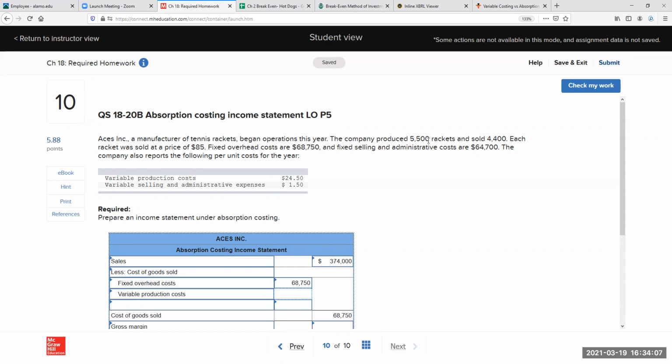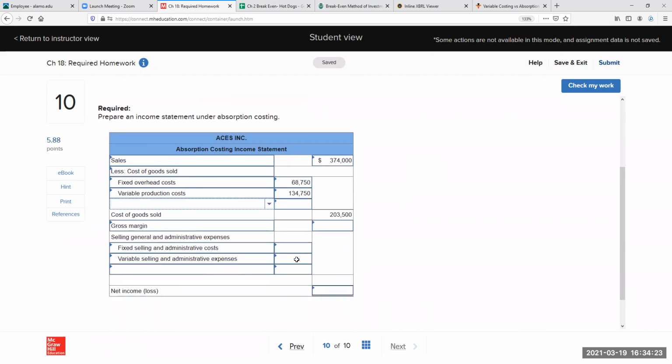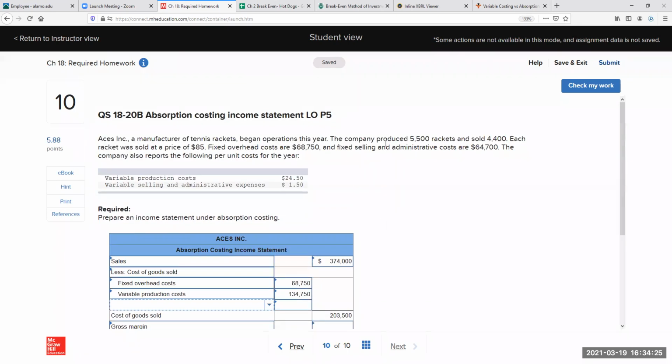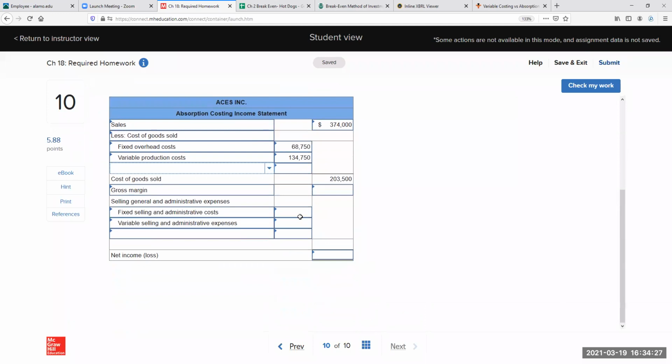But absorption uses everything, so it's not just what you sold. I'm going to multiply by the 5,500, because I believe it includes all your costs, not just the ones you sold, but also the ones you made that did not sell. Down here, your fixed selling and admin are 64,700.